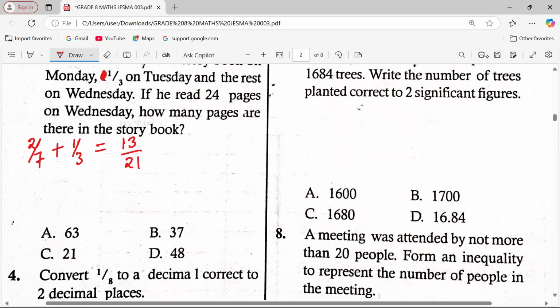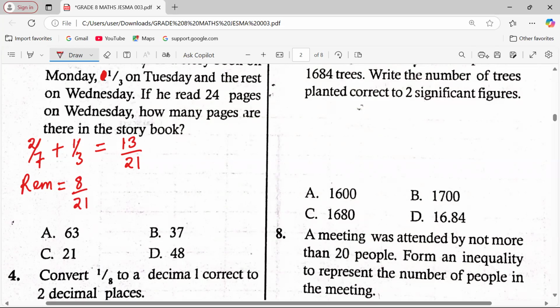That is to mean remainder. If 13 out of 21 is the fraction which has been read on Tuesday and Monday, then so far the remaining is 8/21. Because 13/21 has been read, then 8/21 remains.